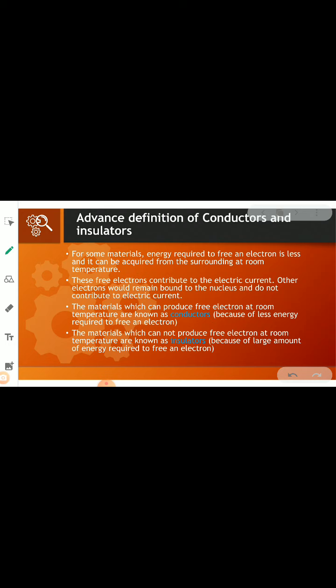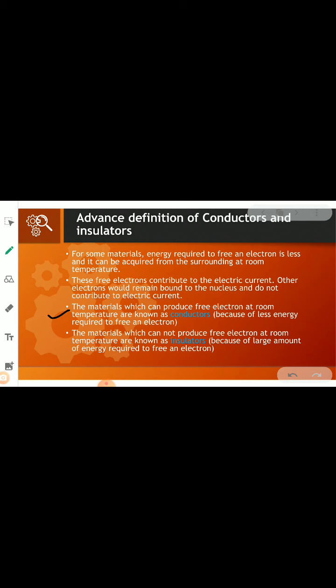Now we can define conductors and insulators based on the concept of free electrons. You can see this definition here. The materials which can produce free electrons at room temperature are known as conductors, because less energy is required to free an electron.